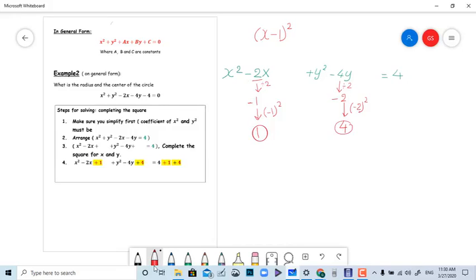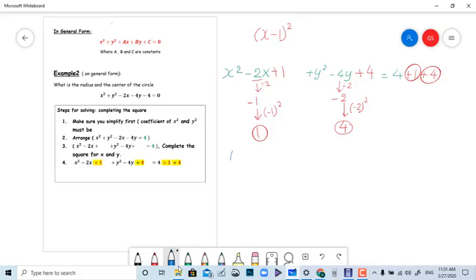Okay, now let's do that. So this will be +1 plus 4. So I finished with the 1 and the 4. Okay, now what am I going to do with this part here? I must put them here. If I have here +1 and here +4, then it's very easy now to write it in the completed square form. How am I going to do that? I'm going to show you right away.